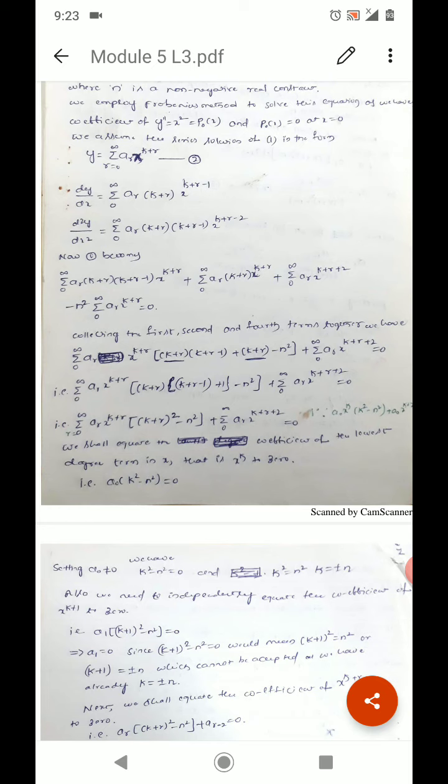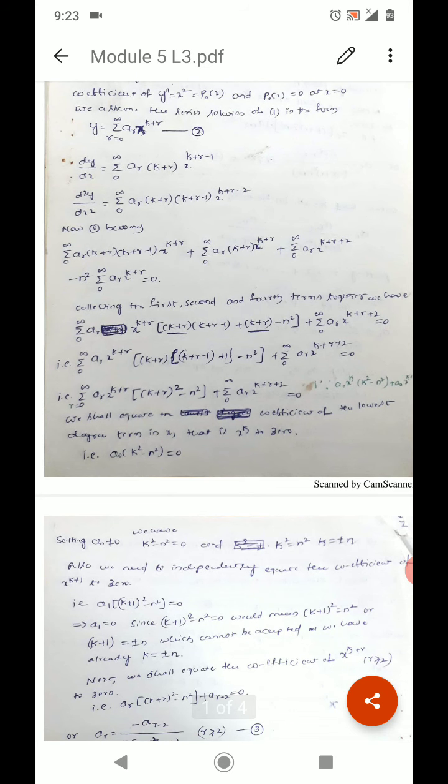So third term, that is plus summation ar into x power k plus r plus 2, which is equal to 0. So here within the bracket we have again k plus r as a common factor. So take it outside. That will become summation ar into x power k plus r of, by taking k plus r as common, k plus r of k plus r minus 1 plus 1 minus n square, plus summation ar x power k plus r plus 2, that will be remaining same, which is equal to 0.